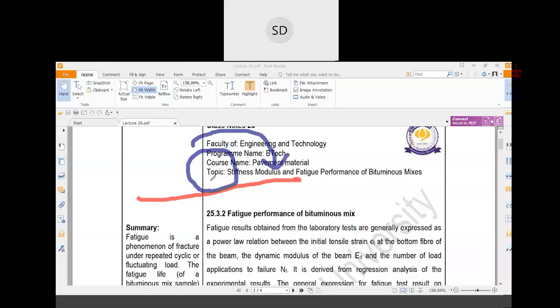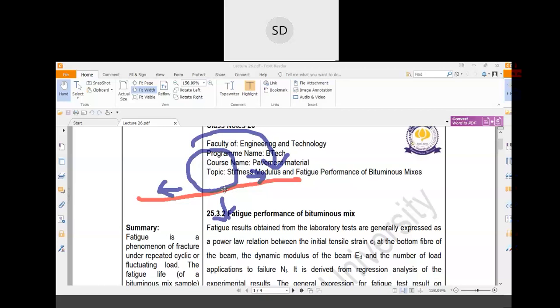In that case, two forces act on the top surface of the pavement: one is the compressive force and the other is the tensile force. Because of the compressive force, if your subgrade condition is not good, permanent deformation will happen, and this permanent deformation is called rutting.